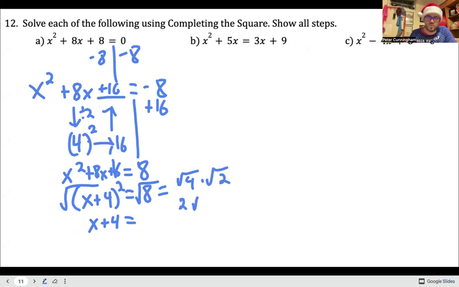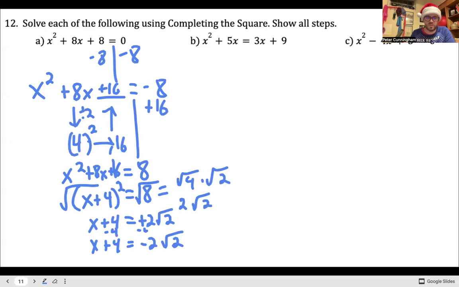So 2 root 2. So x plus 4 equals a positive 2 root 2. It also, x plus 4 equals a negative 2 root 2.